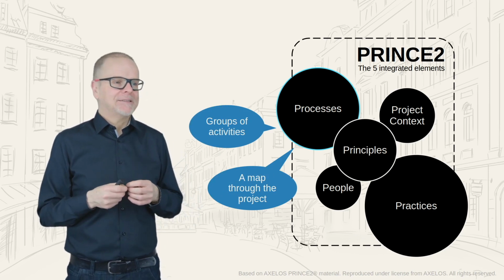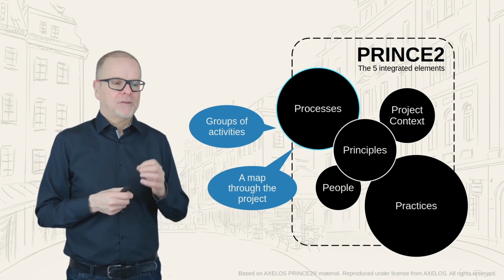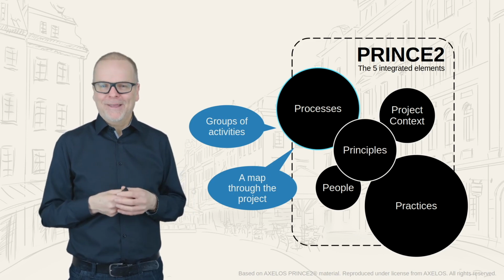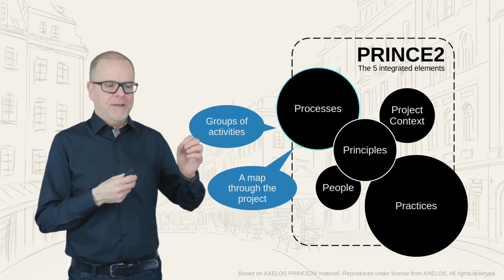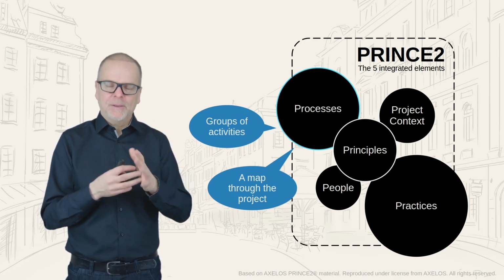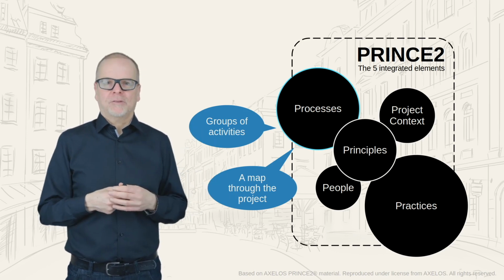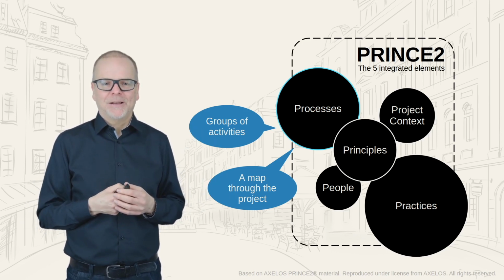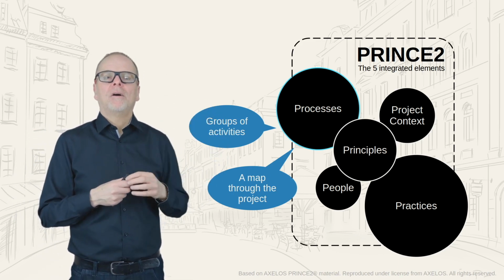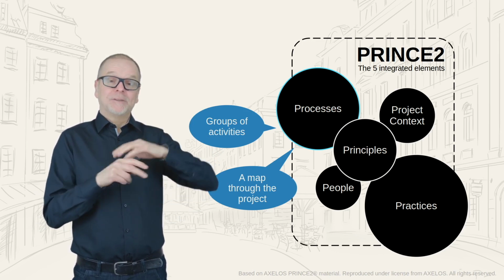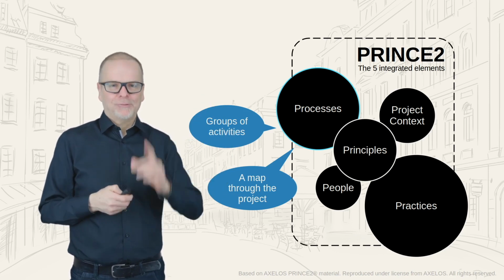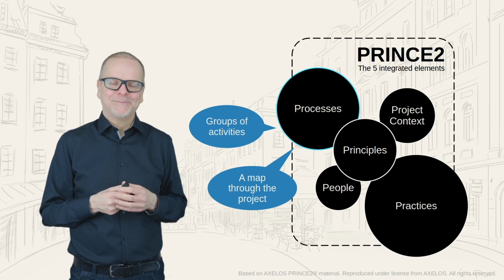You could even say that a good project management process is like a path we can follow through a very dense jungle. That's a good way of putting it. And then the other main parts of PRINCE2 we just mentioned, like the principles, the people and the practices, they actually work with the processes, and you'll see this later in the project as well. And actually in the next lesson, I'm going to give you a very high-level overview of the processes, because it's going to give you a timeline of how the project works from beginning to end. So you'll see this much better. So just hold on a moment and we can go through that.